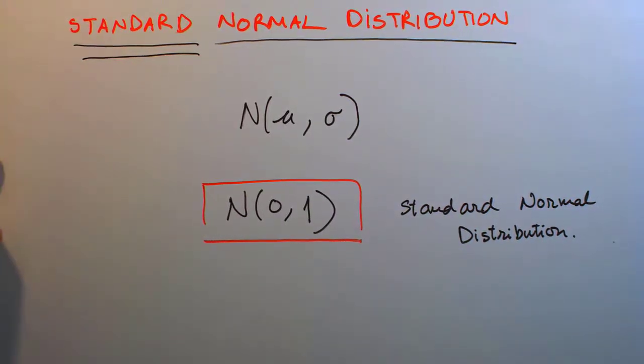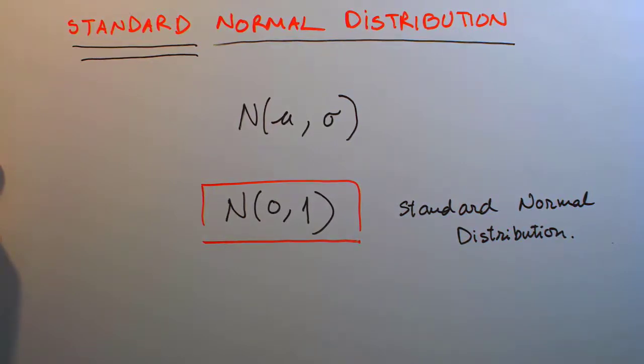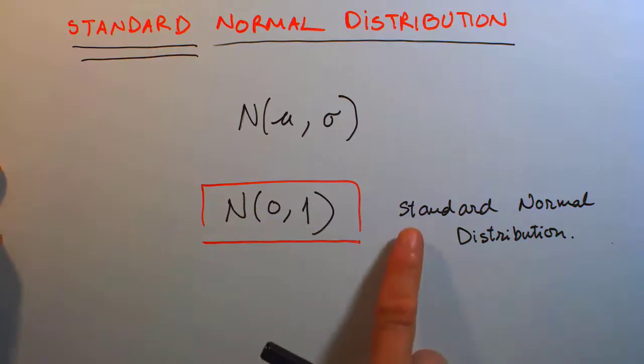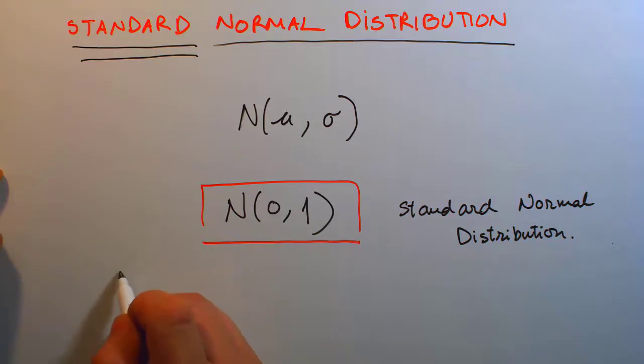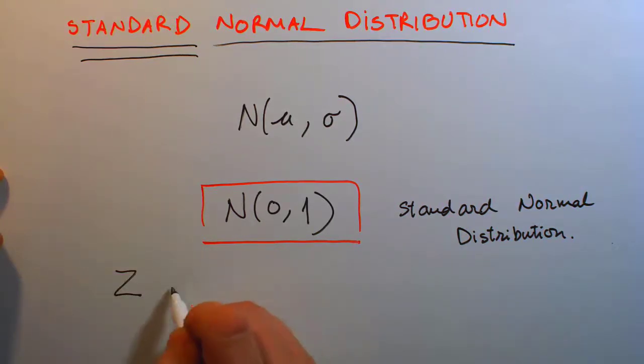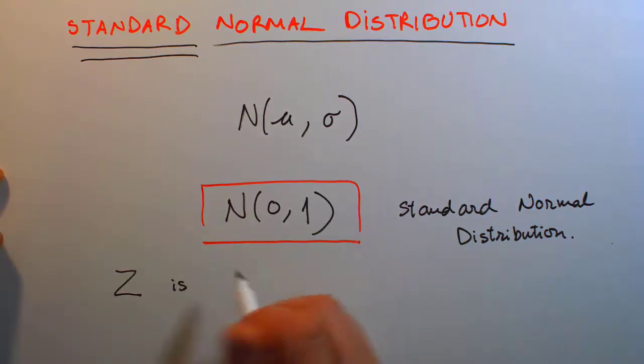And now we have another special requirement in addition to being a bell curve centered at 0 with standard deviation 1. Anytime you are working with a standard normal distribution, or anytime we are communicating with other statisticians to indicate a standard normal distribution, make sure we use the capital letter Z to name the random variable.